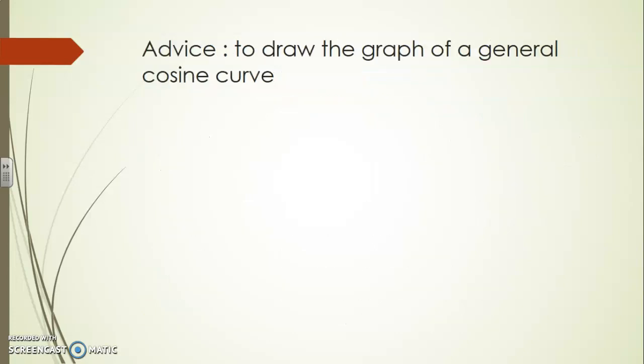Here's some advice when it comes to drawing a graph that has been presented in a general formula. Obviously we've got these a's, b's, h's and k's. So maybe just to give a little bit of structure, here's how we can draw a cosine graph in its general format.